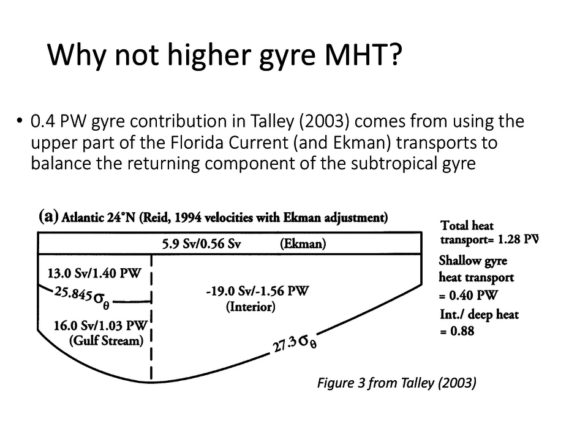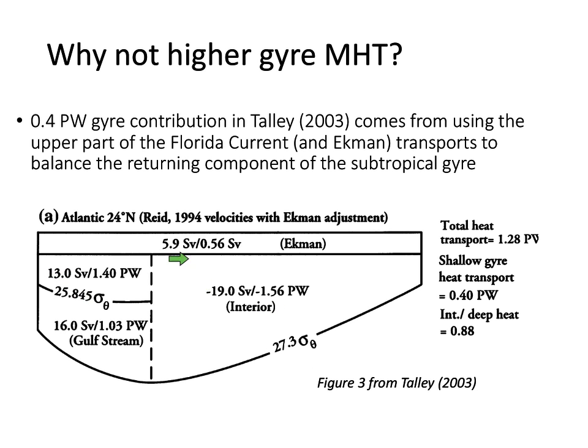So Talley actually calculated gyre transport. She gave a range, and this high 0.4 petawatt gyre contribution comes from using the upper part of the Florida Current as well as Ekman transport to balance the return flow of the subtropical gyre.